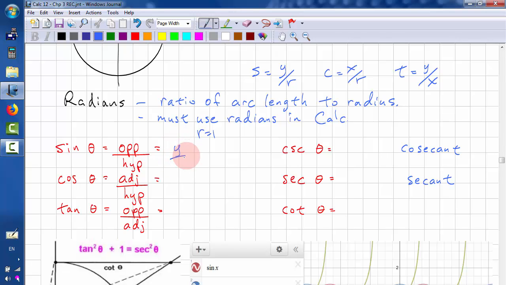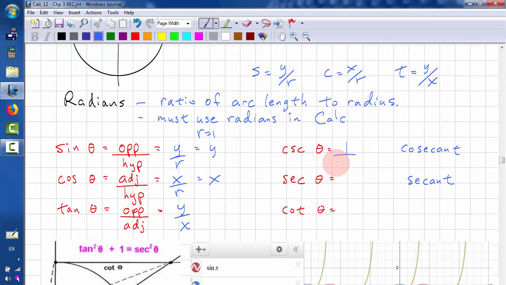So sine, and if r is 1, then it's just y. Cosine, x over r, and if r is 1 again, all we have is x. And tangent is going to be y over x. R has no bearing, so it's still y over x.